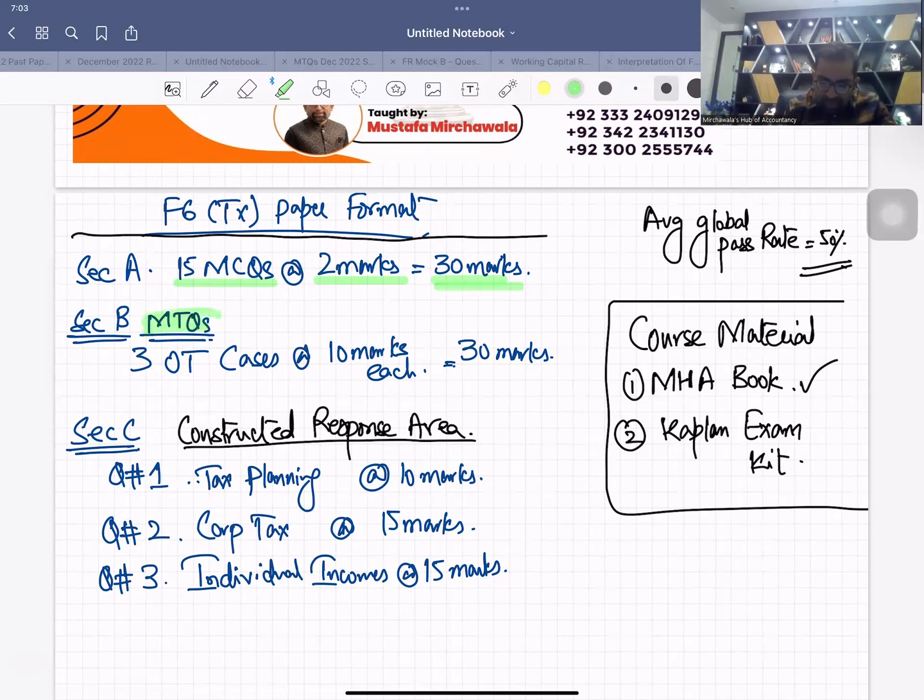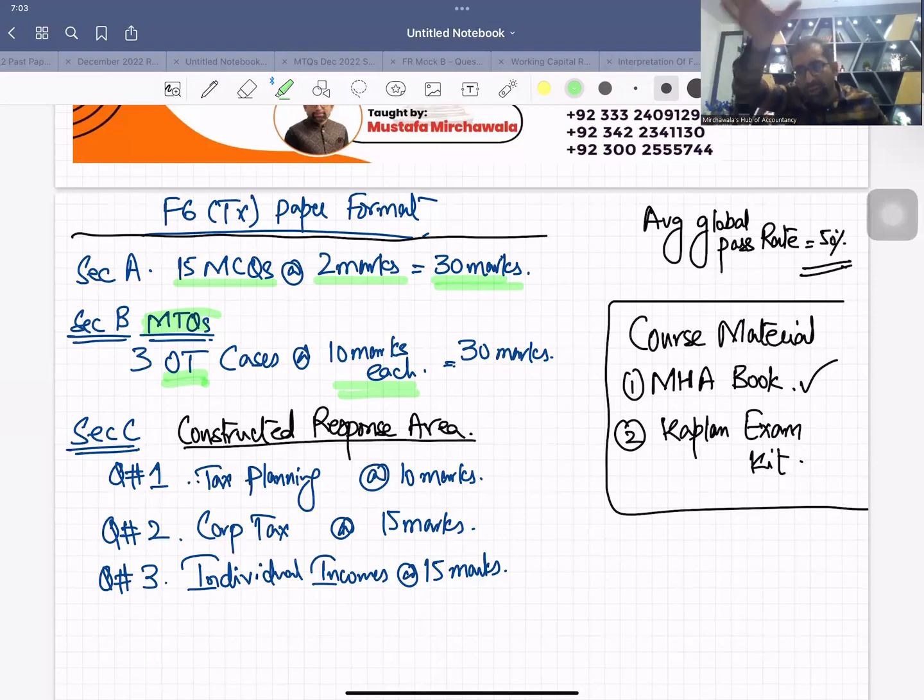MTQs. You will have 3 OT cases, or you can say MTQ cases, of 10 marks each. Now what is an MTQ? Hope you remember, you have given the previous F3 paper or F2 paper. In F3, the last section is 15 marks, 2 questions, 30 marks. And in that you will have a detailed discussion.